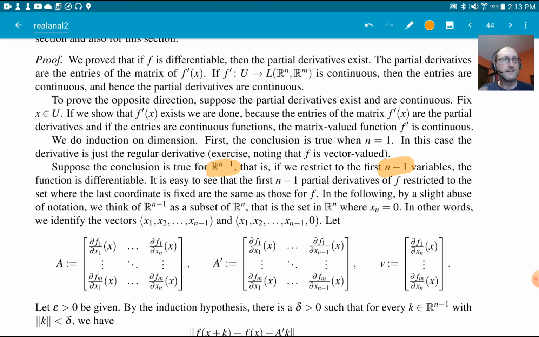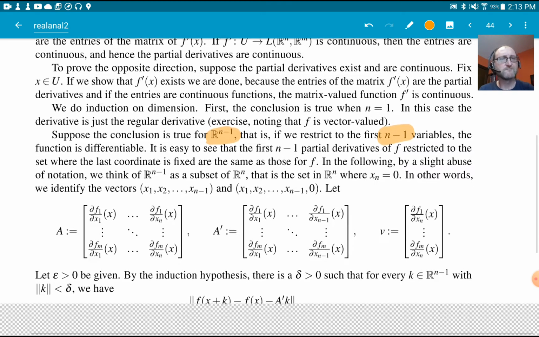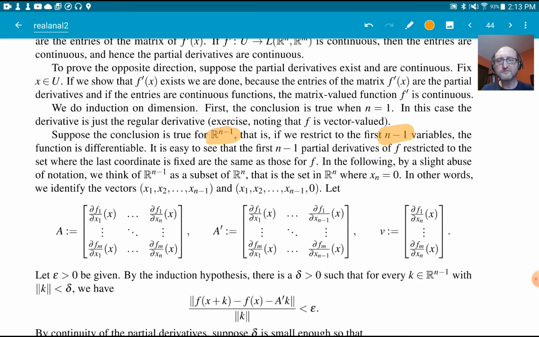Now, to do this, it's going to be useful in terms of notation to think of R^(n-1) as a subset of R^n. So when we're looking at these operators, we think of R^(n-1) as a subset of R^n by identifying the vector in R^(n-1), so this is n-1 numbers, with the set where x_n is 0.